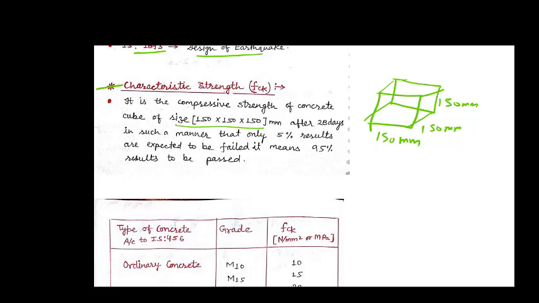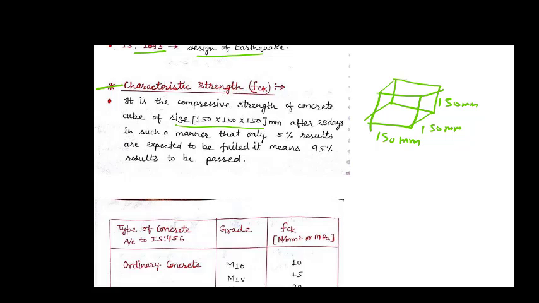Okay, so when we cast a cube of 150 mm size for 28 days, such that 5% result are expected to fail, it means 95% result are to be passed.